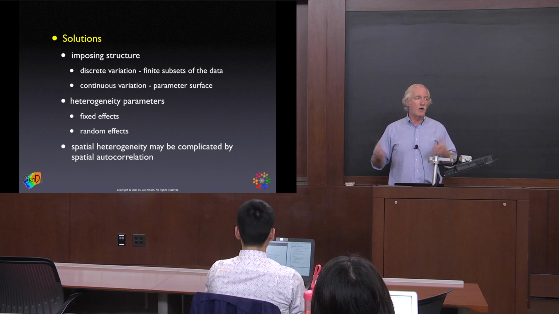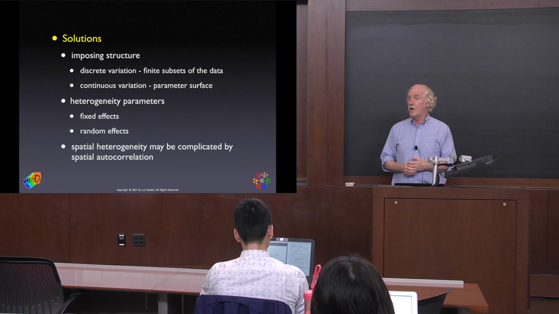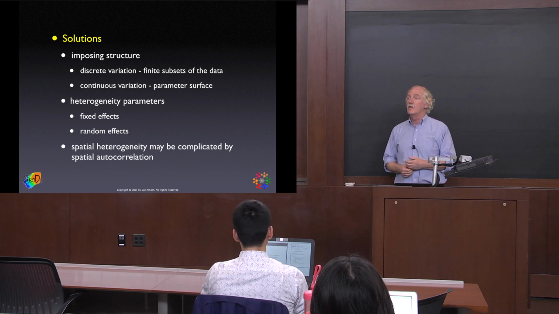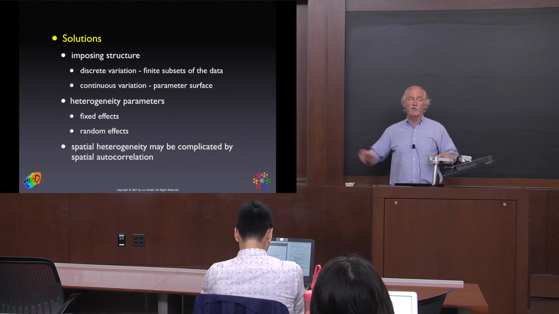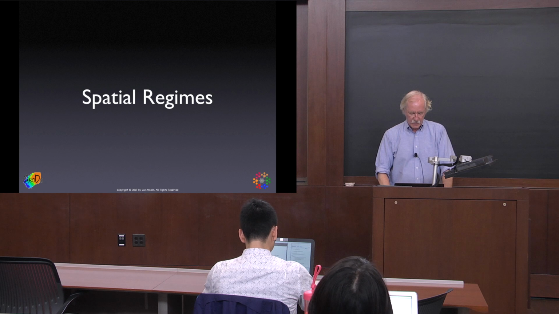The classic Columbus data set that we use in class has that phenomenon for crime, for example: in the city there's very high positive autocorrelation. As you move out, there isn't anything. So how do you model these kinds of things?